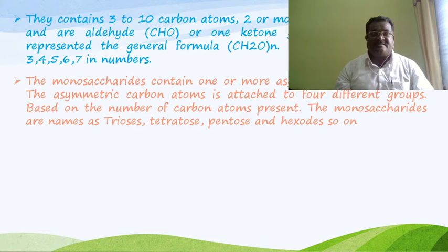The monosaccharides contain one or more asymmetric carbon atoms. An asymmetric carbon atom is attached to 4 different groups. Based on the number of carbon atoms present, monosaccharides are named trioses, tetroses, pentoses, hexoses and so on.